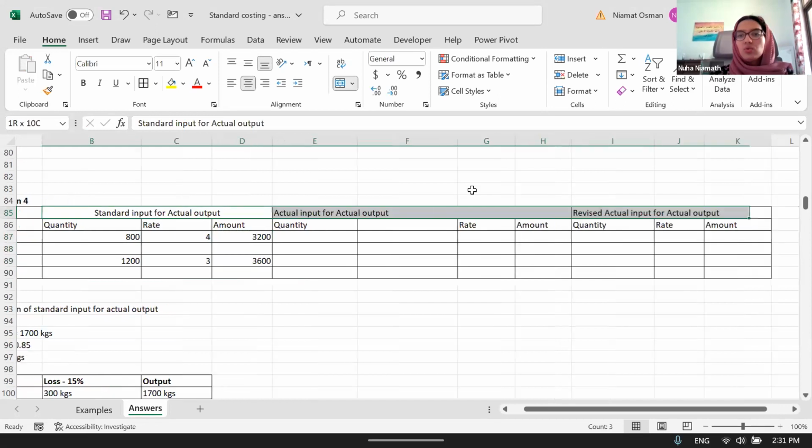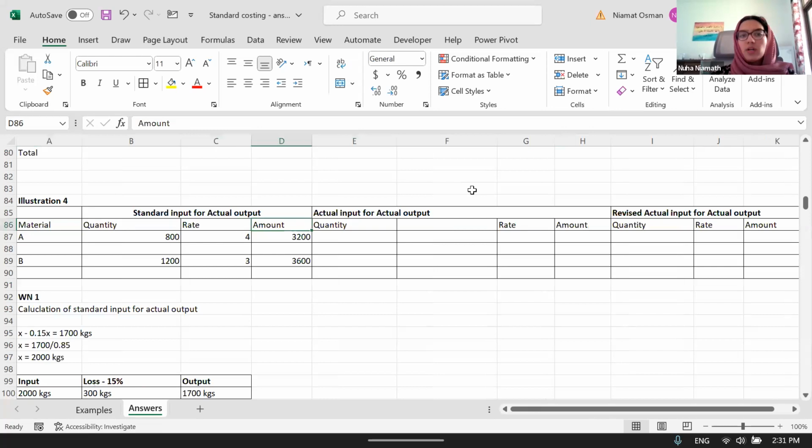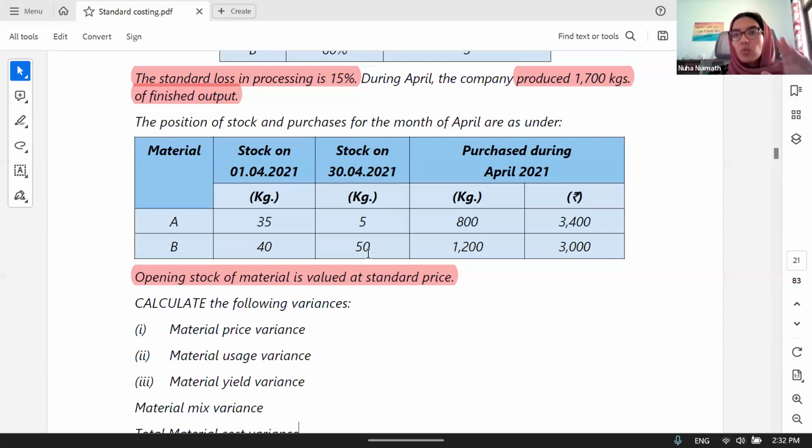Now let's go to our quantity here for actual input. So what is the question saying? Question is not giving us clarity directly on what is the actual input. Instead, it has given opening stock plus closing stock plus purchases. So we can now make the difference to see what is the amount of goods consumed during the year.